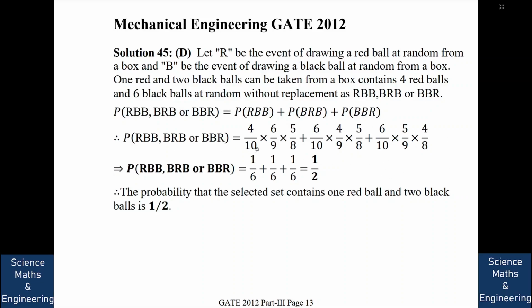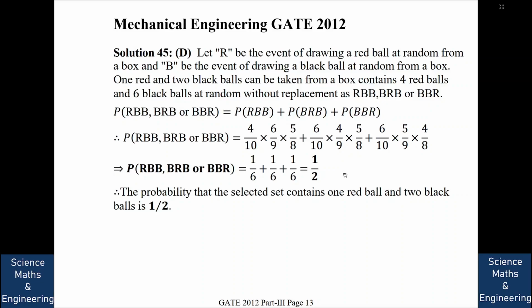Now if you see, all this equates to 1 by 6. So the probability of one red ball and two black balls is 1 by 6 plus 1 by 6 plus 1 by 6, that is 1 by 2. So the answer is 1 by 2.